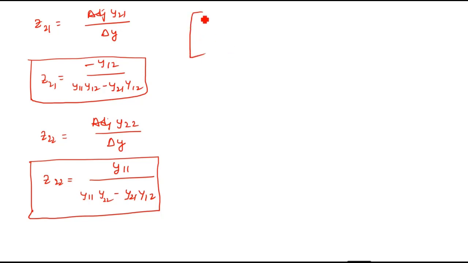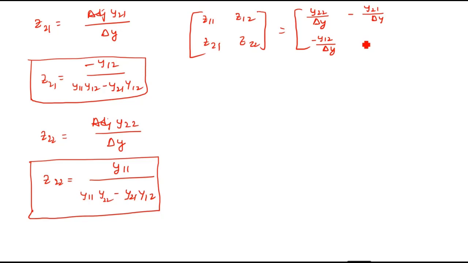So in general, Z11, Z12, Z21, Z22 equals Y22 divided by determinant of Y, minus Y21 divided by determinant of Y, minus Y12 divided by determinant of Y, Y11 divided by determinant of Y. They are one and the same.